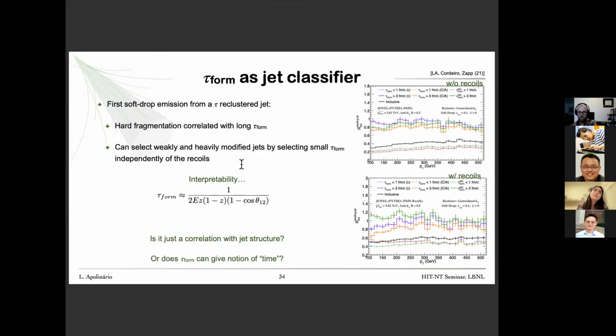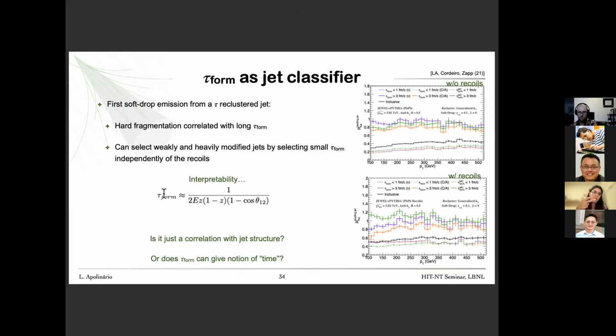And of course, one problem of this variable is its interpretation, because we were hoping that this formation time could give us information on the time structure of the jets, and with that, the time structure of the quark gluon plasma. But it's not very clear if it's just a correlation with the jet structure, that is the opening angle of the jet.